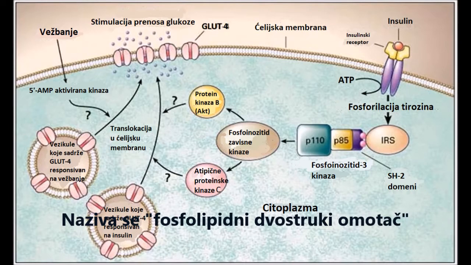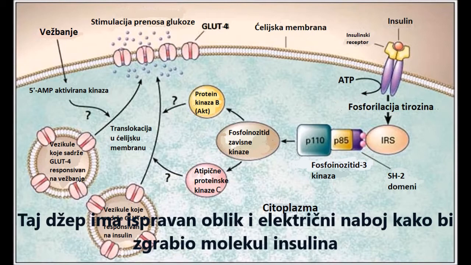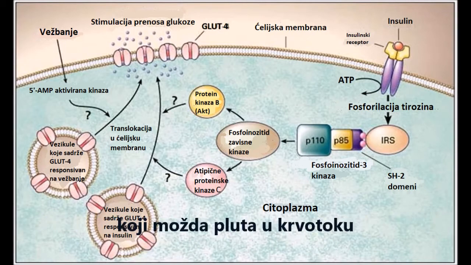It's called a phospholipid bilayer. And we see the insulin receptor with a pocket in the top, and there's an orange ball in that pocket. That pocket has the right shape and electric charge to grab an insulin molecule that may be floating around in the bloodstream.